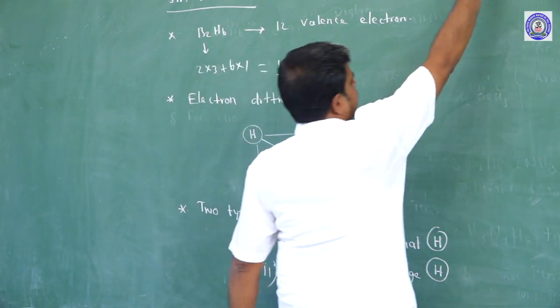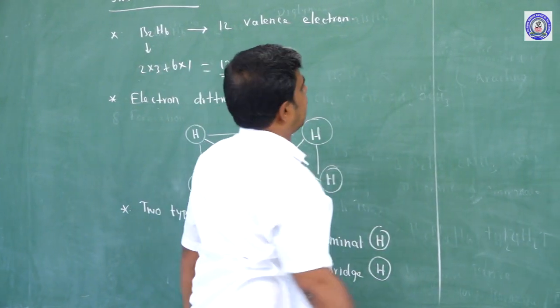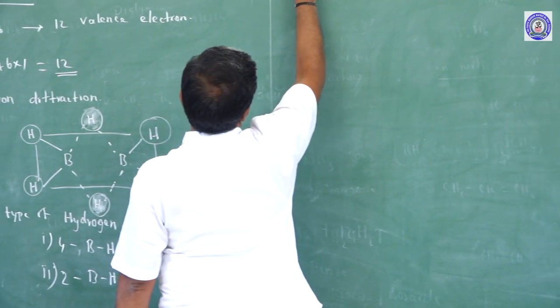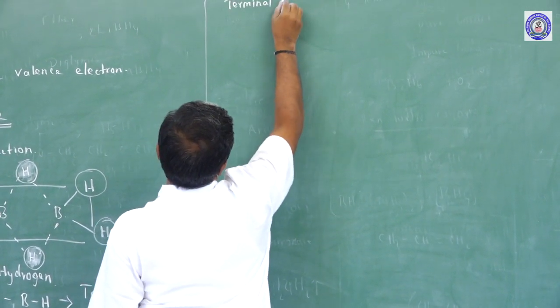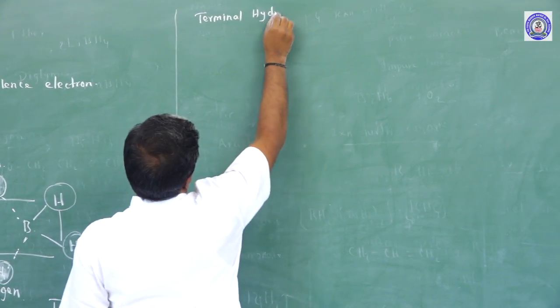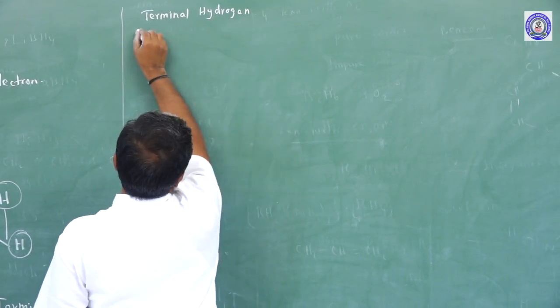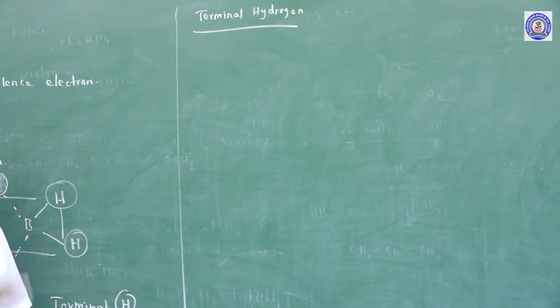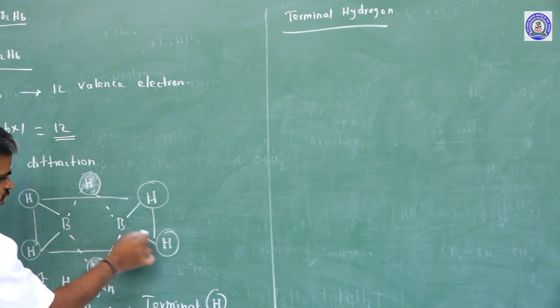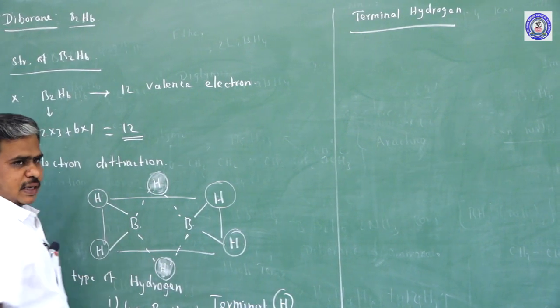Now we take the terminal hydrogen. How many terminal hydrogens are there? There are 4 terminal hydrogens, that is BH, BH, BH and BH.